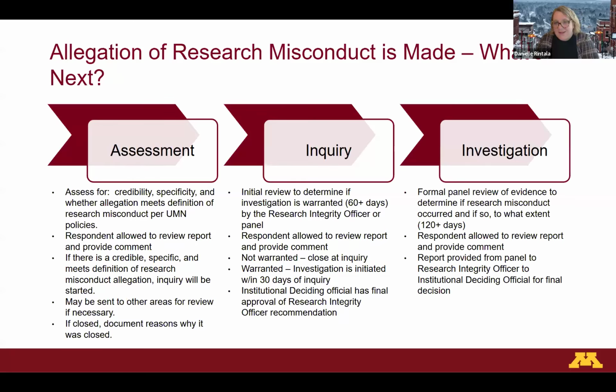And so if the inquiry is substantiated to have potential for that investigation, then a formal panel is assembled of faculty members and someone that represents the person being accused. So, for example, if this person in question was a postdoctoral research associate, then we would find a current postdoc at the university in a similar subject area that could re-examine the matter from the lens of being a postdoc.